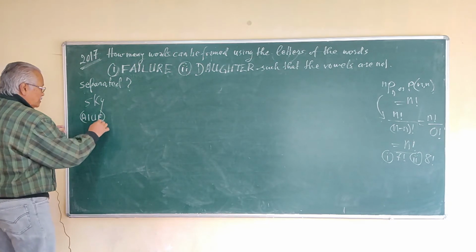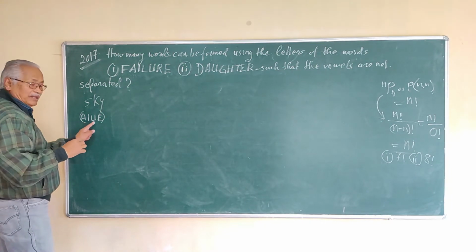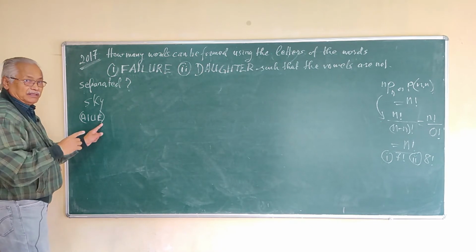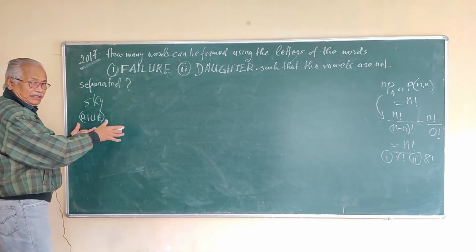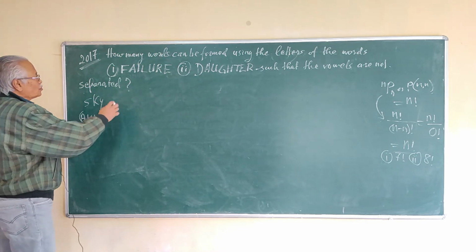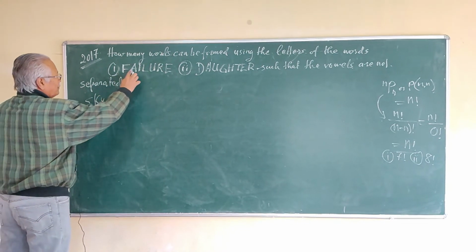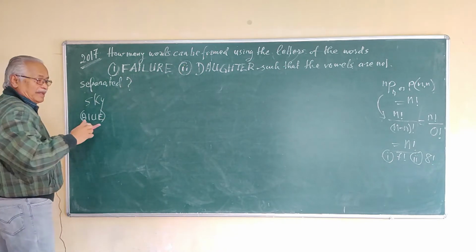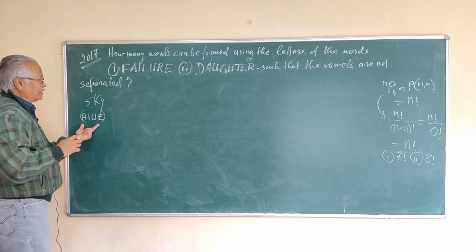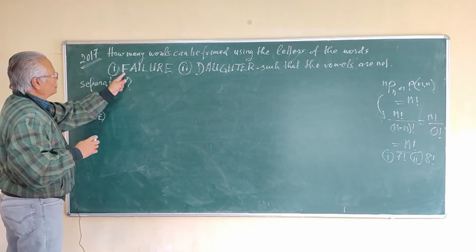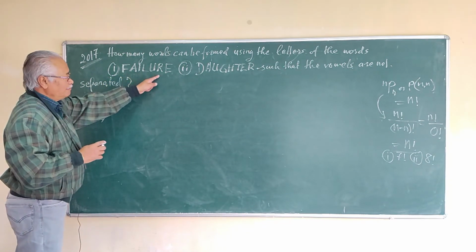We will think of this as just one alphabet, that is, wherever they appear, they will appear together. All right. So, including F, L, and R, it will make 4 alphabets: one, 2, 3, and 4.